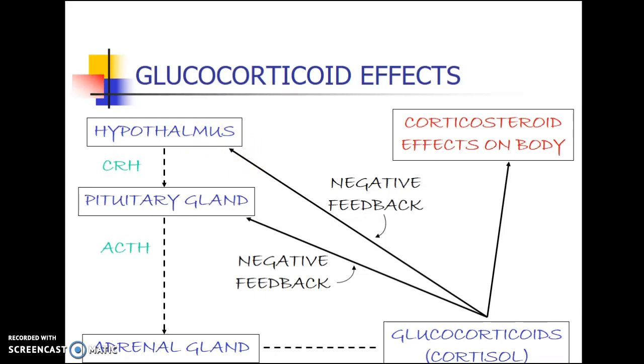We don't want to go any further than that. So what it does is it inhibits the release of corticotropin releasing hormone and the pituitary gland's release of ACTH to the adrenal gland, and basically shuts down the production until the next time that it's needed.